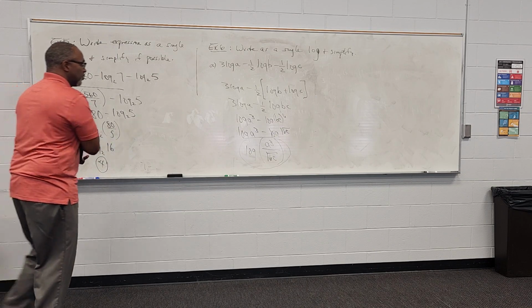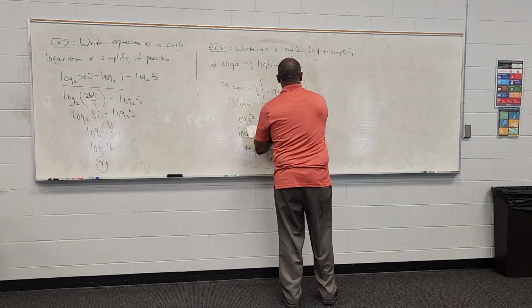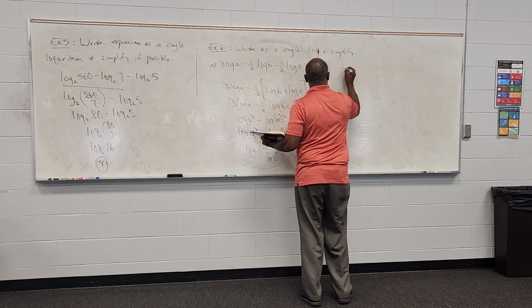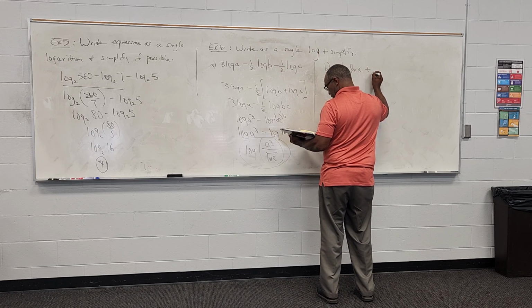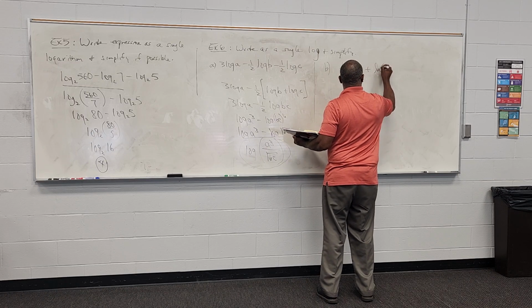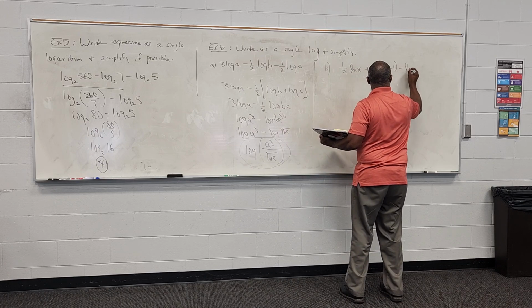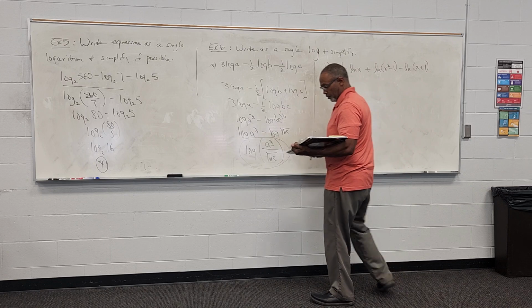Well, the log properties apply to the natural log as well. So I can say B, 1/2 ln of x, plus ln of x squared minus 1, minus ln of x plus 1.